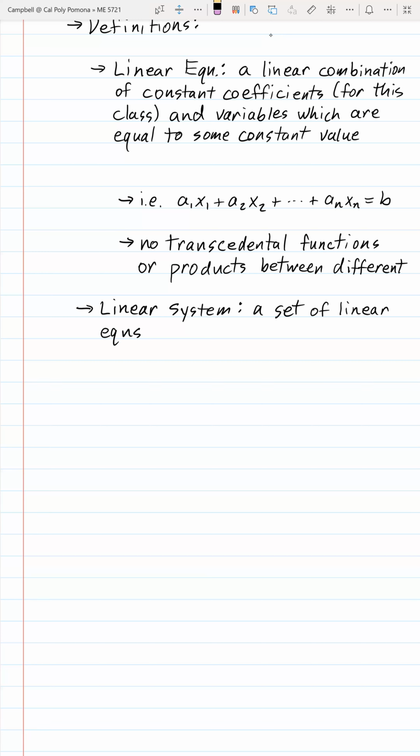And here I'll again shorten down equations. And that set must be solved simultaneously.